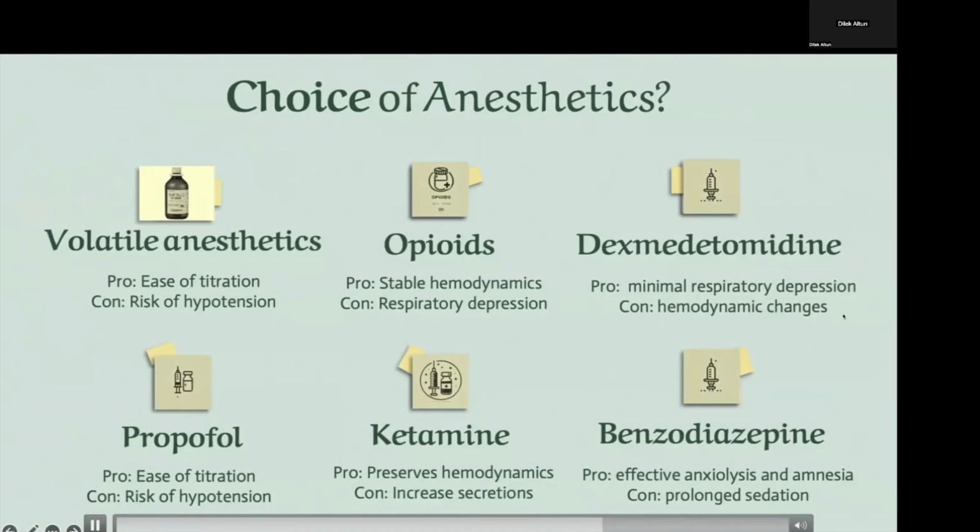Dexmedetomidine offers effective amnesia without respiratory depression, but it can lead to hemodynamic changes. Finally, ketamine is advantageous in that it preserves hemodynamics, but it can increase secretions, complicating airway management. The choice of anesthetic must be tailored to the individual patient's needs and the specific demands of the procedure.